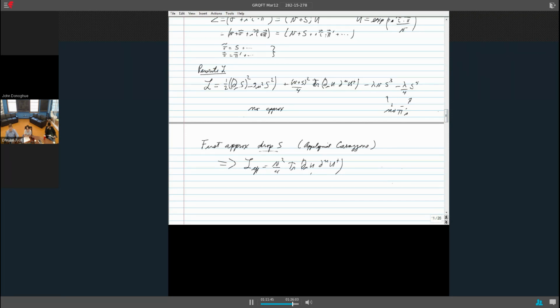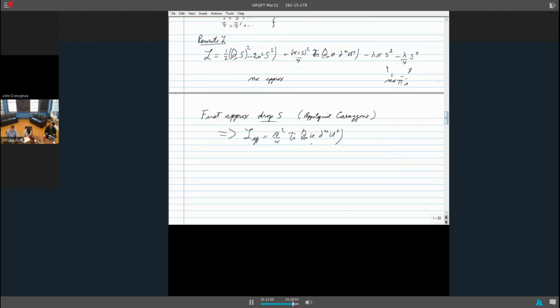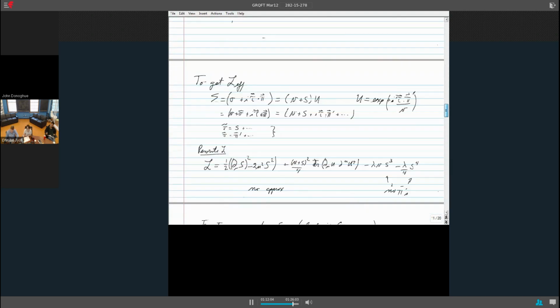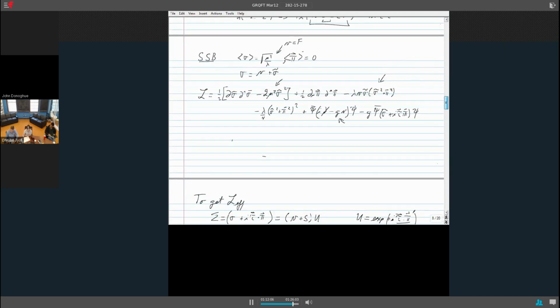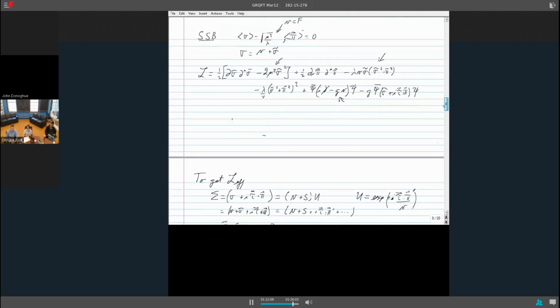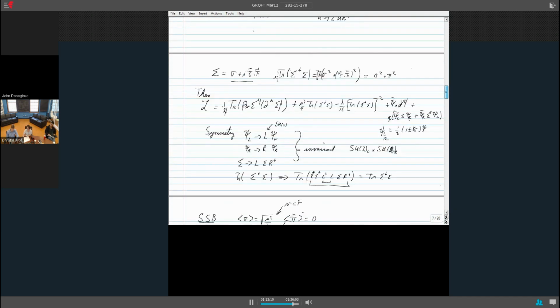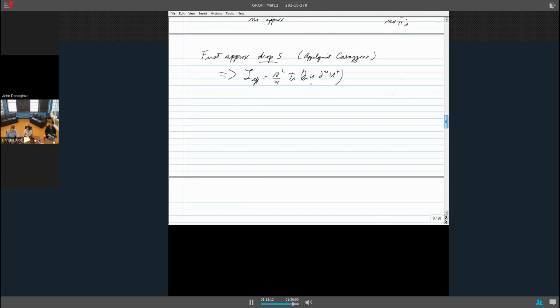But the first approximation is you just drop s altogether. It's heavy. Appelquist and Carazzone tell us that heavy particles have effects that are power suppressed. So we invoke Appelquist and Carazzone.